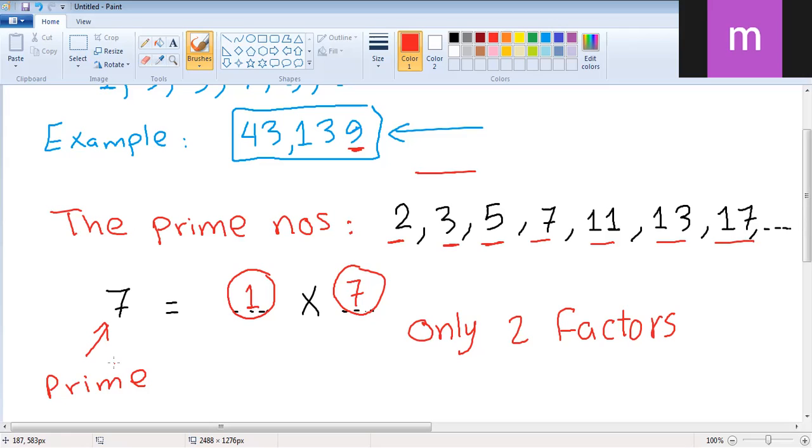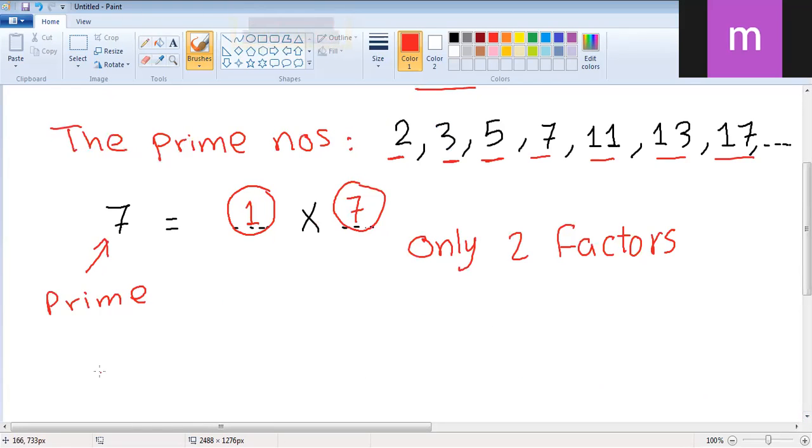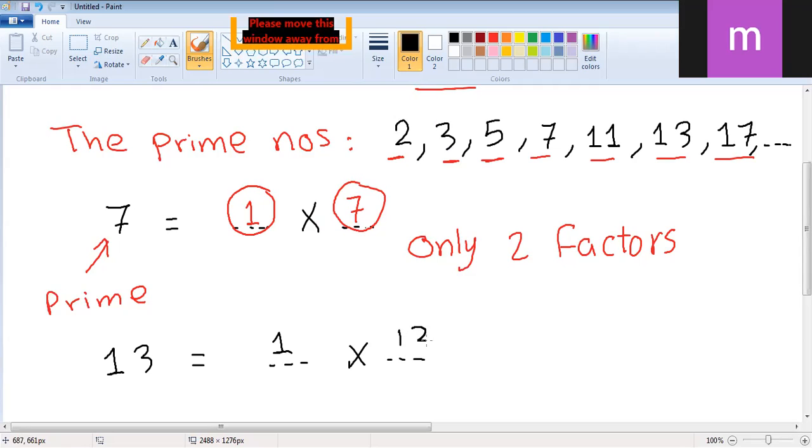What number times what number is equal to 13? Nothing except 1 times 13. Can you find any other digits to multiply to get 13?